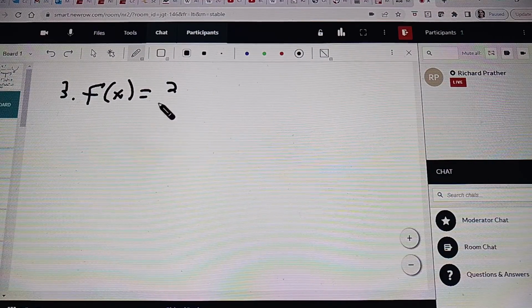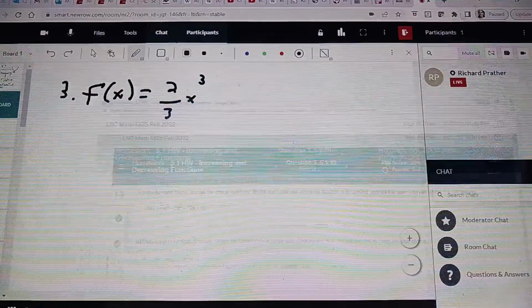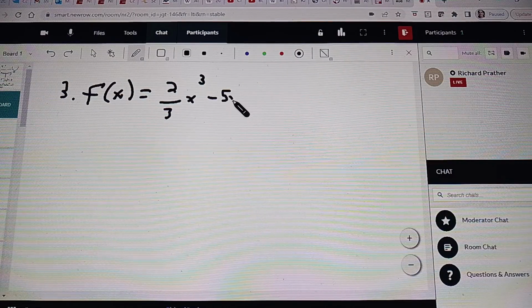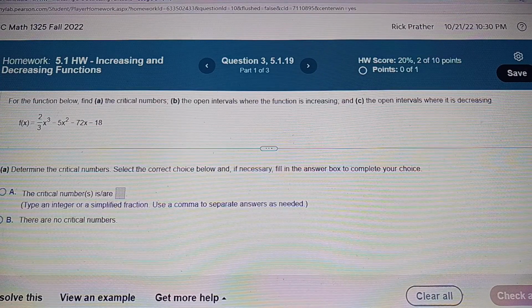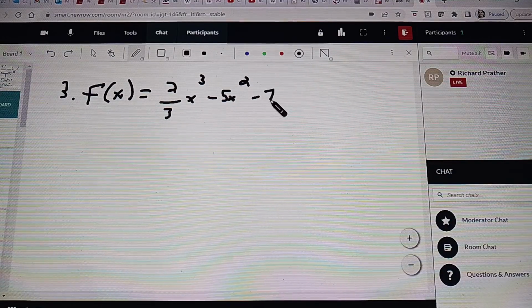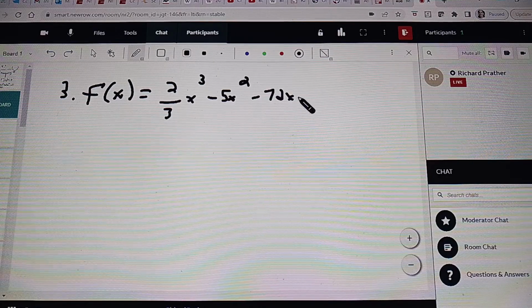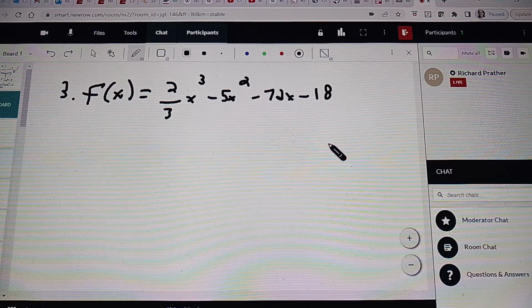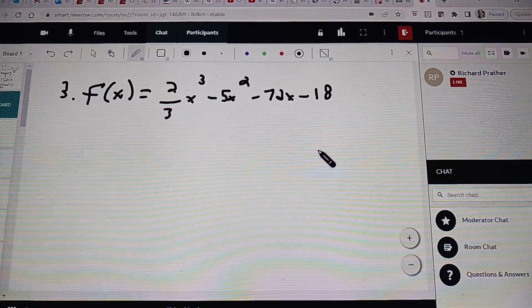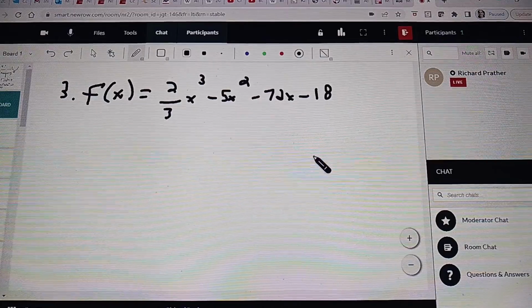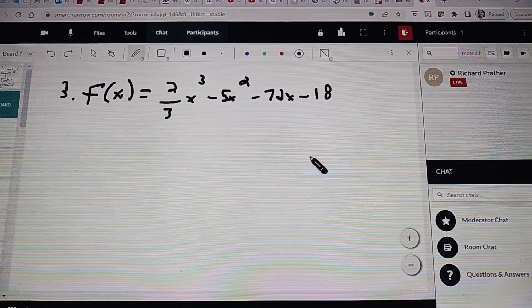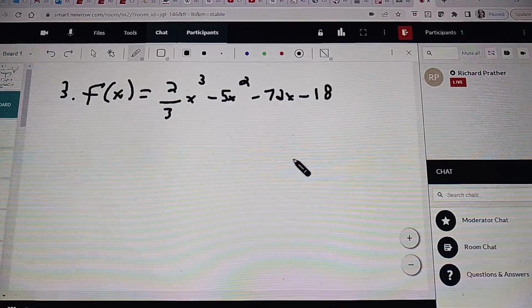So 2/3 x cubed. You might think that fraction will make it messy, but actually it won't. Minus 5x squared minus 72x minus 18. A college algebra student might be given a graph like this to find all the zeros, or to graph it with end behavior and finding intercepts and the zeros. That's the kind of thing we do in college algebra. We don't need to do any of that here.